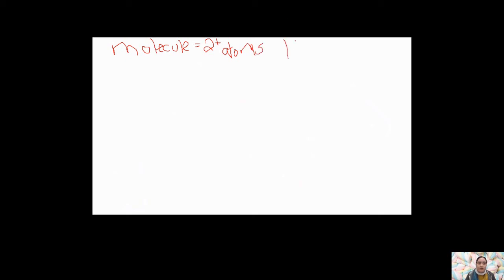So if I have H2, that's a molecule because I have 2 hydrogens. If I have H2O, that's a molecule because I have 2 hydrogens and 1 oxygen, so it's more than 2 atoms, right? So whether it's just 1 element or 2, this is a molecule.